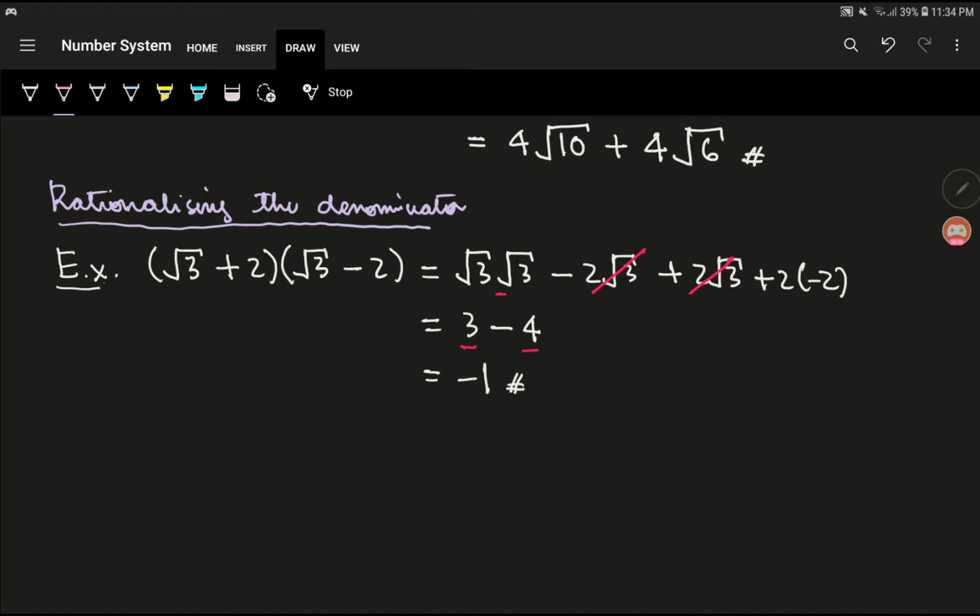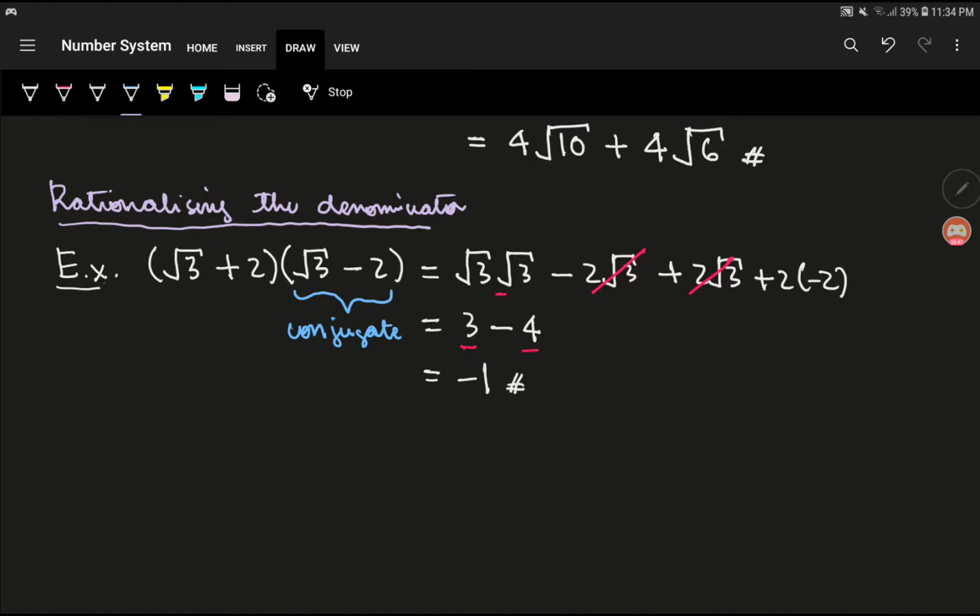So from this example, this bracket we call it a conjugate.